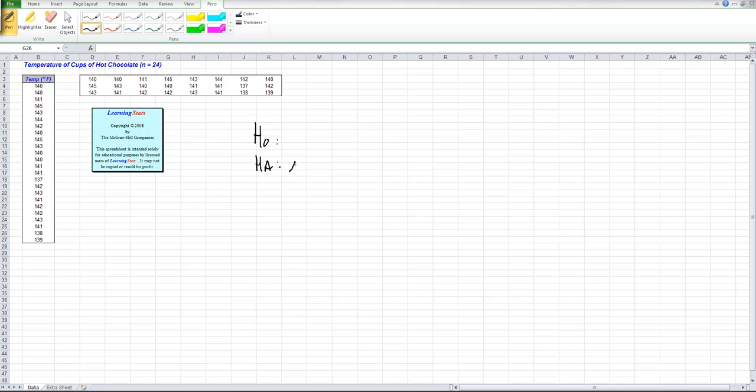The research question was whether the average, and that's mu, temperature was something different from 142 degrees Fahrenheit. And when the alternative is "different from," then the null hypothesis is "equal to." This is the null, and this is the alternative.